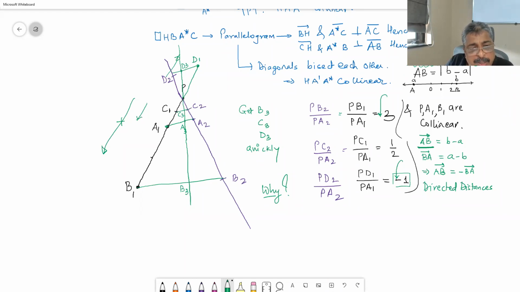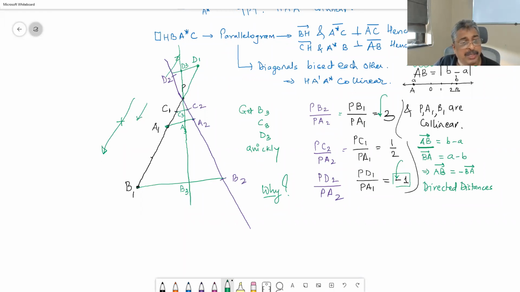If all the points on A1, A2 are my pre-image, for that matter, say A1 is pre-image, B1 is image, and what is the function? The function is, you should find out B1 such that PB1 upon PA1 is equal to 3 and they are collinear. That is the description of the rule by which you are supposed to find out B1. So it is in functions language. Put A1 inside the function, you will get B1. Put A2 in the function, you will get B2.